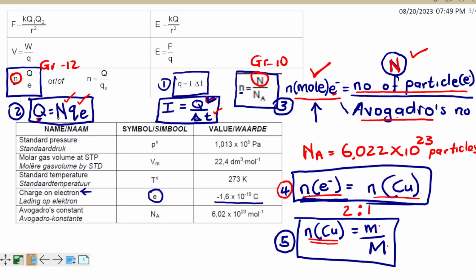After we get now the amount of charge by taking the number of particles, we multiply by the amount of charge on the electron, which is 1.6 times 10 to the power negative 19 coulombs. We take now this amount of charge to formula number 1. This is Q now, divided by the time. Then that would be our current. So that's what we have to do to find the current.